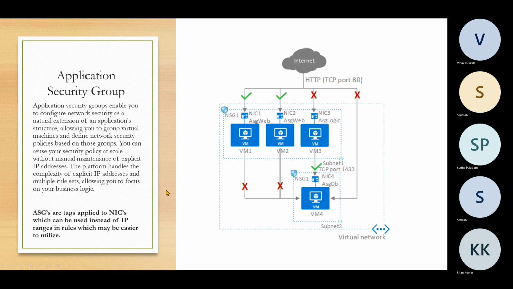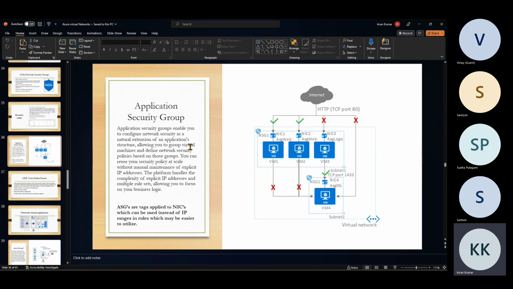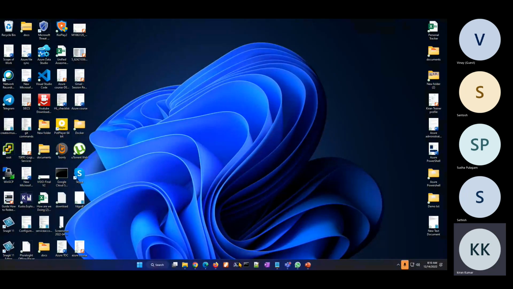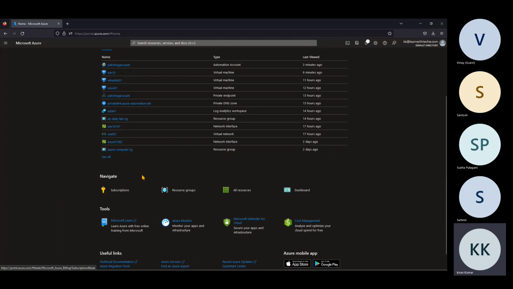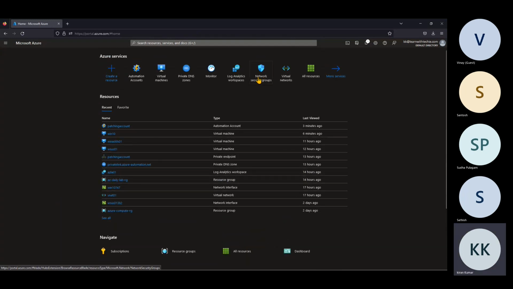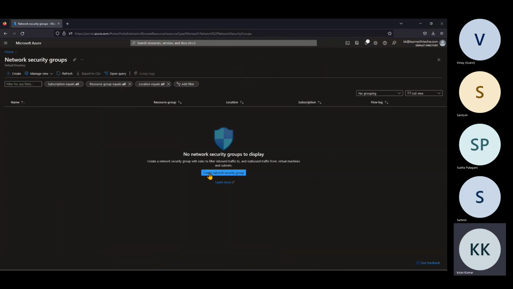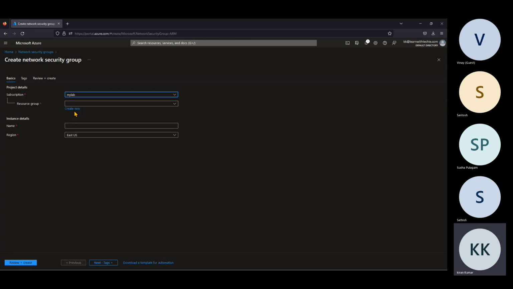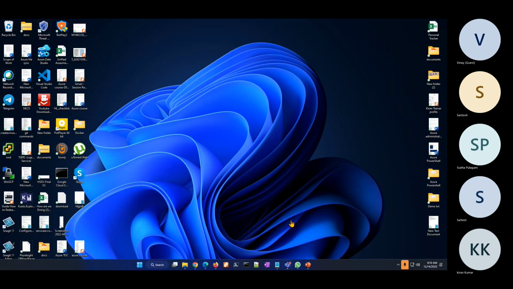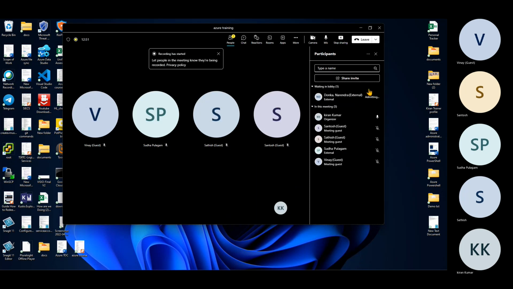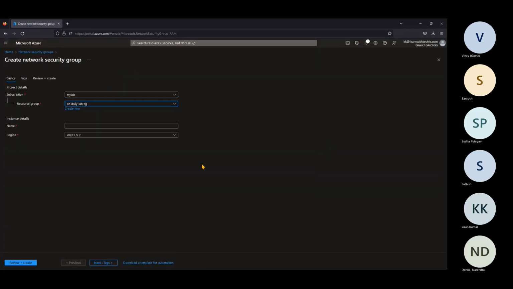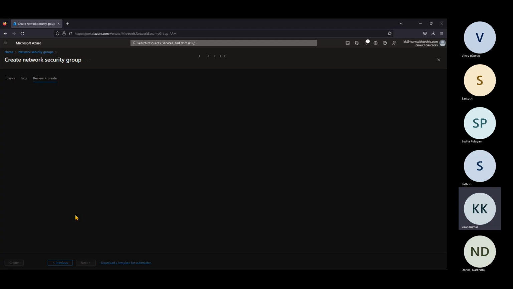Yes, Kiran. So for example, go to the Azure portal, and let me create a network security group first of all. Creating NSG 01 with review and create.